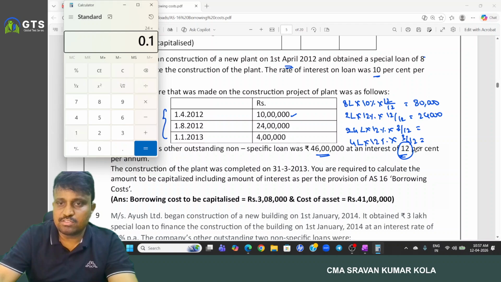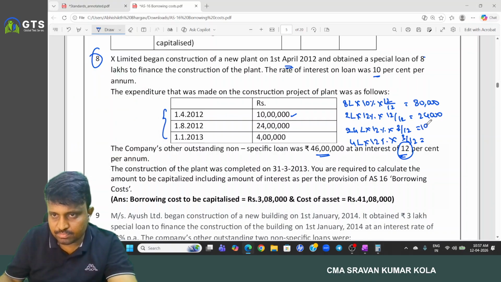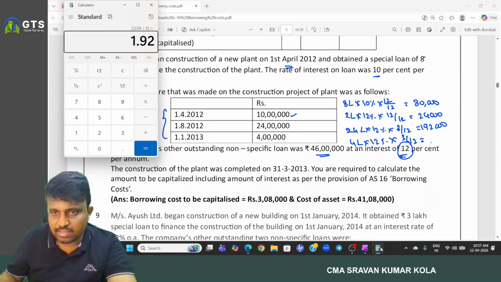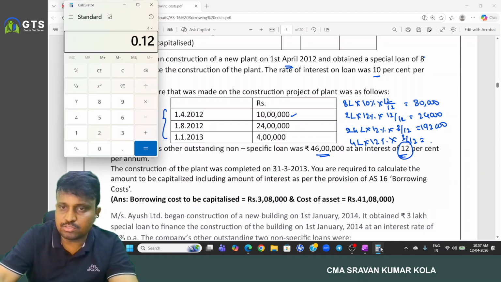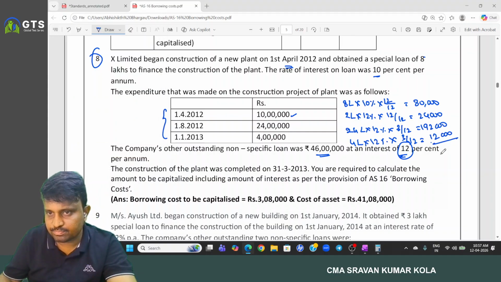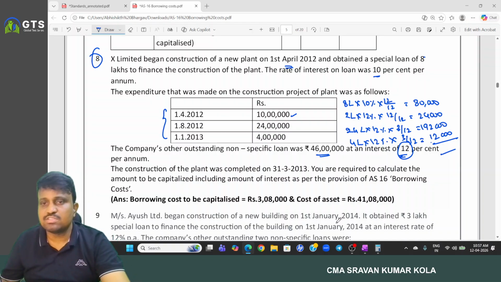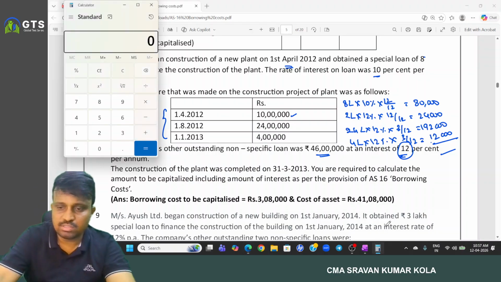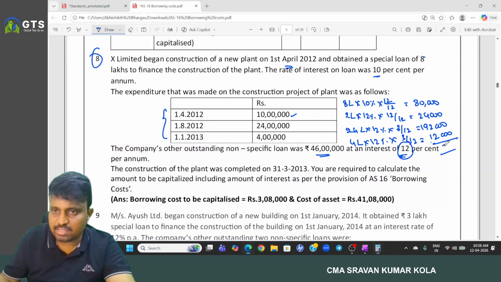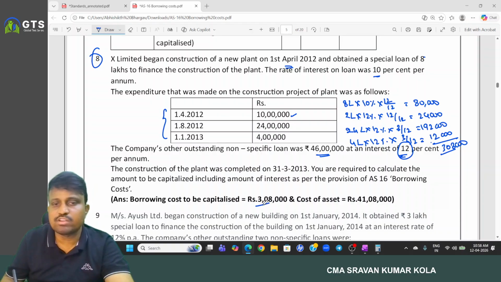So 24 lakhs into 12% into 8 by 12 is 1 lakh 92,000, and 4 lakhs into 12% into 3 by 12 is 12,000. This is the amount of borrowing cost we have to consider. So 80,000 plus 24,000 plus 1 lakh 92,000 plus 12,000 is 3 lakh 8,000. This is the amount of borrowing cost to be capitalized.